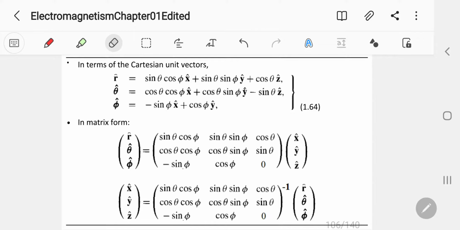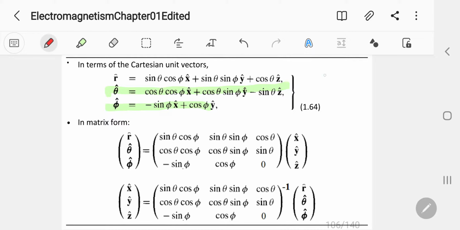You have this, as you can see in the figure earlier. And then of course your theta hat would be this also, and your phi hat would be this.